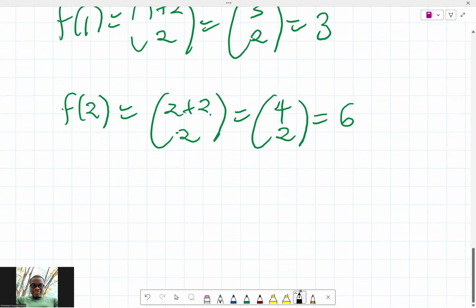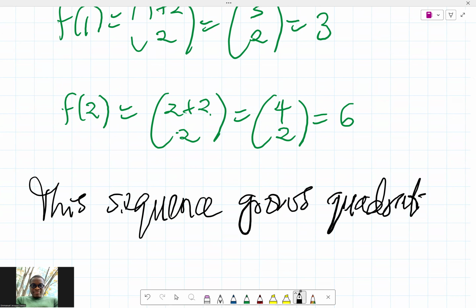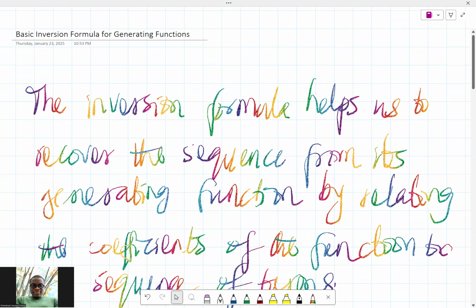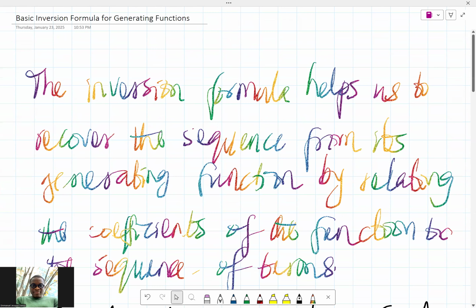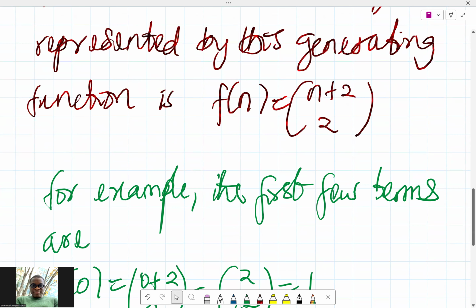So we see that this sequence grows quadratically. Whatever g of x we have gives us that. At the end of the day, what the inversion is doing for us is that we are going to extract the coefficient.